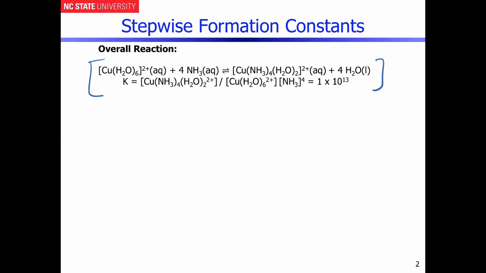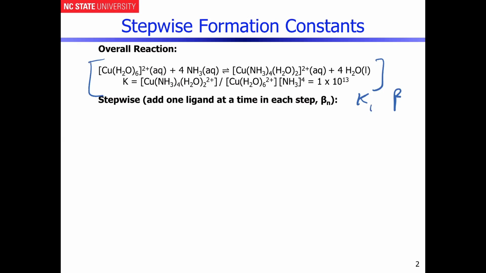But what you can do to describe this reaction in a little more detail is to worry about how you stepwise form the final product. So what you're basically doing is you can add 1 ligand at a time. And when you do that, each step has what are called stepwise formation constants. You'll see it written as K1, for example, for the first reaction.